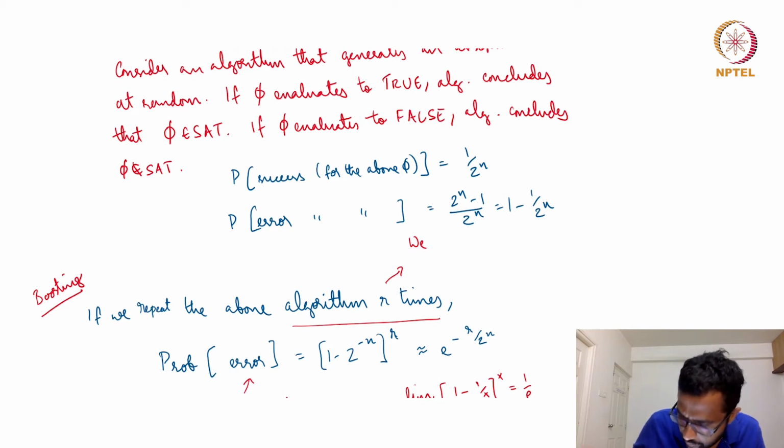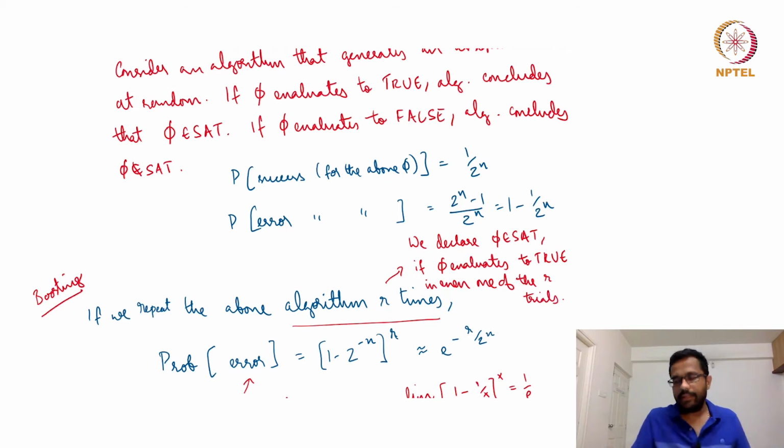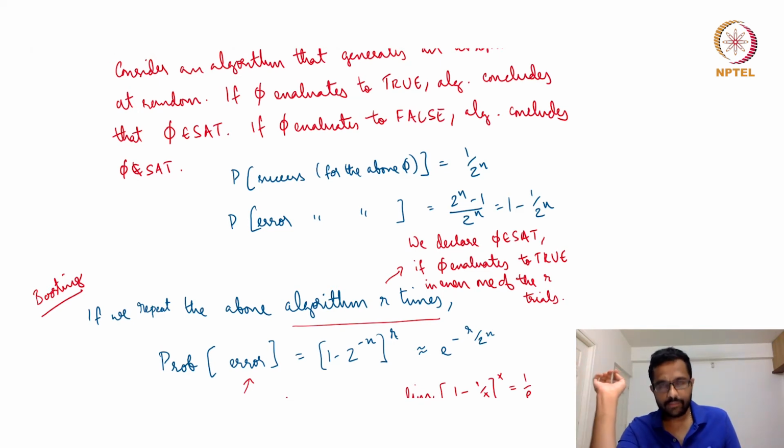We declare phi is in SAT if phi evaluates to true in even one of the R trials. So you can think of these as trials, and even if one of these trials leads to phi evaluating to true, then we say phi is satisfiable, right?